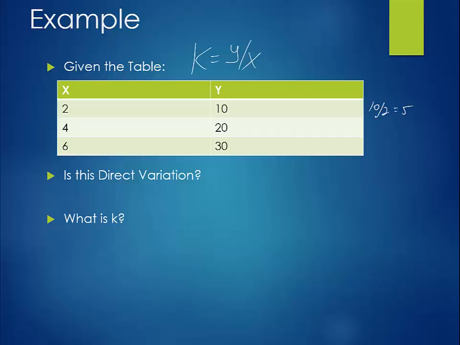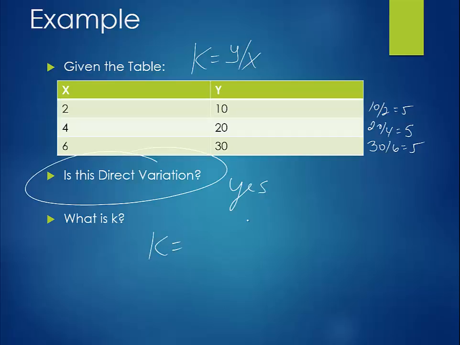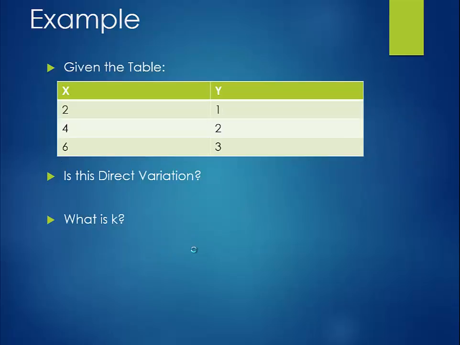Then we'll have 20 divided by 4, which equals 5 as well. And lastly, 30 divided by 6, which also equals 5. So is this direct variation? Yes. What does k equal? k equals 5.